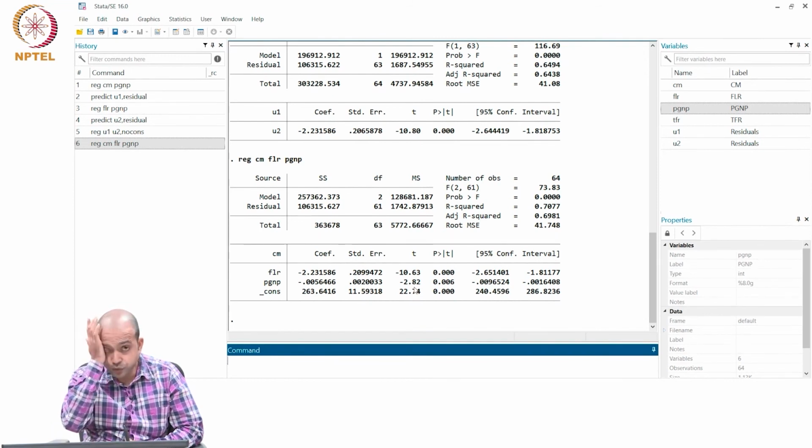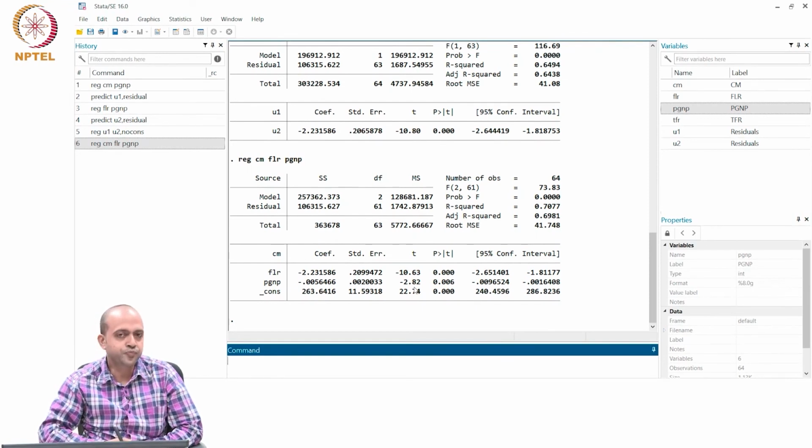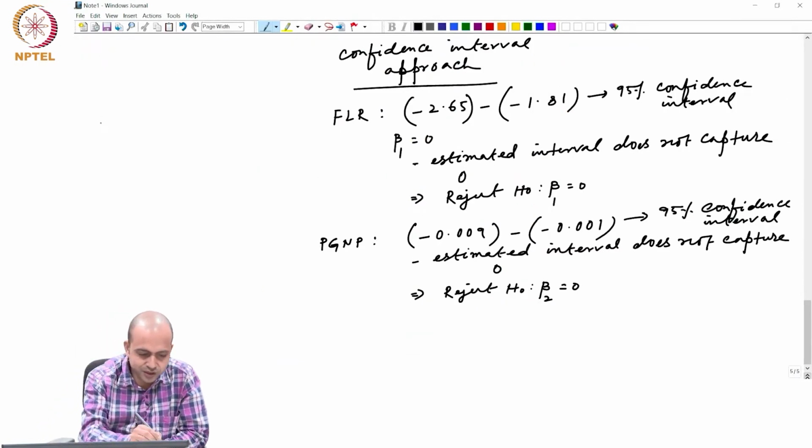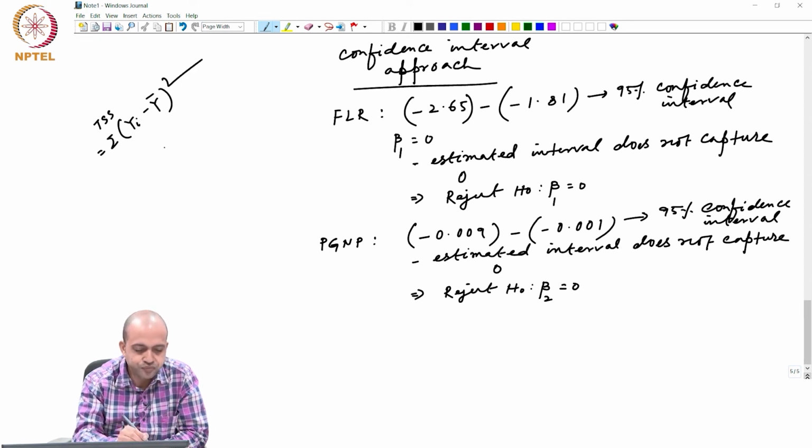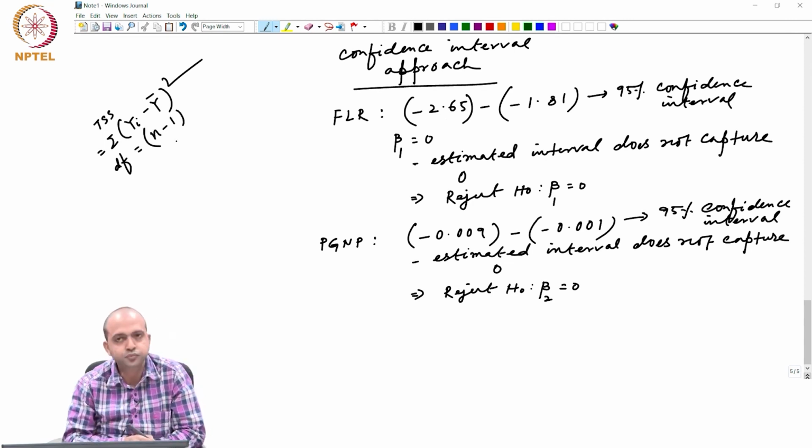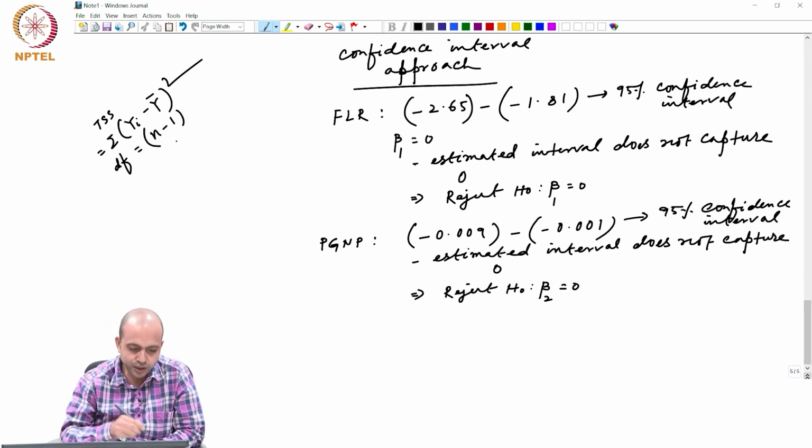What would be the degrees of freedom for TSS? The total number of observations is 64, and we know that TSS is basically summation yi minus y bar whole square. Since there is only one restriction imposed, the degrees of freedom for TSS should be n minus 1.